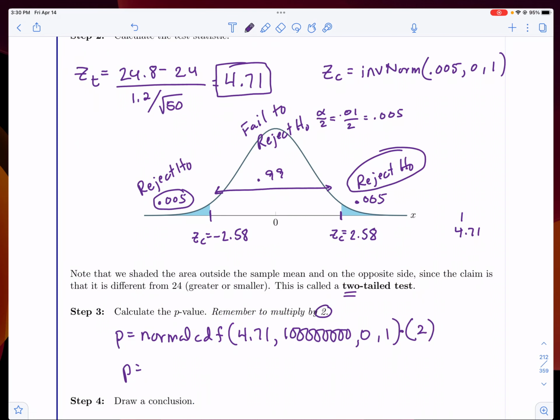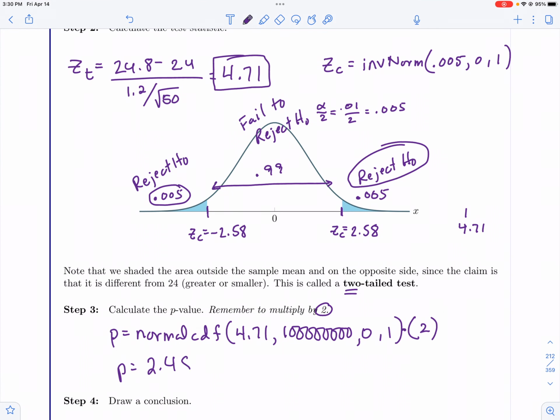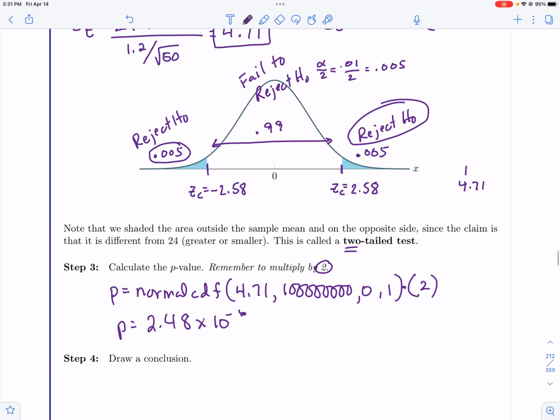So our p is going to be 2.48 times 10 to the negative 6, which, if you know anything about scientific notation, we know is definitely less than our alpha of 0.01, but if you just want to write it out, it should look like that, which is definitely smaller than 0.01.